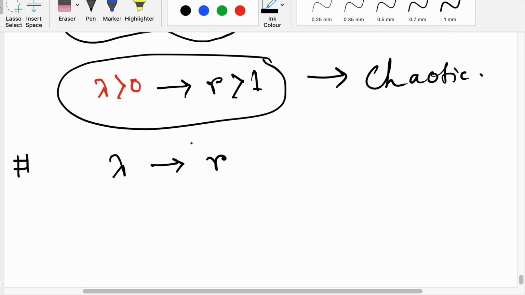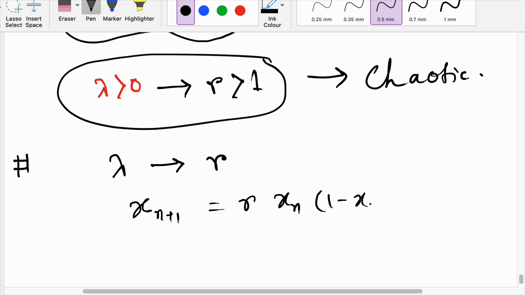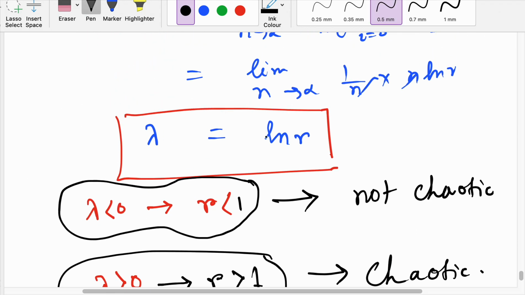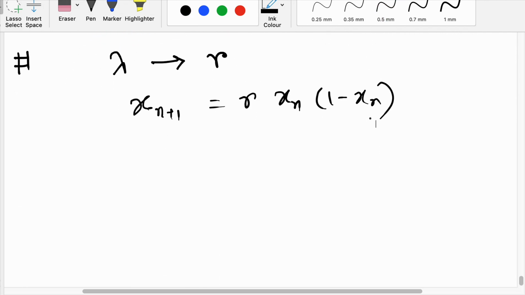We know the logistic map is x n plus 1 equals r times xn times 1 minus xn. The tent map is simple and straightforward, that's why you can do it this way, but you can't do it that way for every map. So you need a computer.